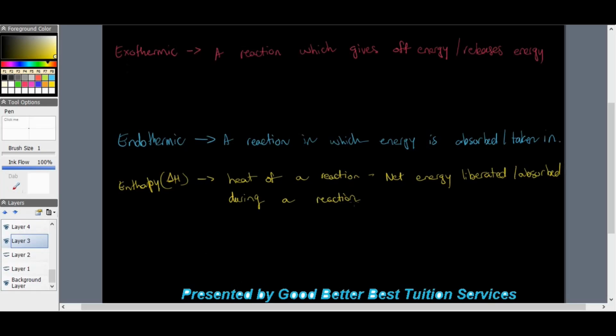And that's the basics of what we touched on last week.